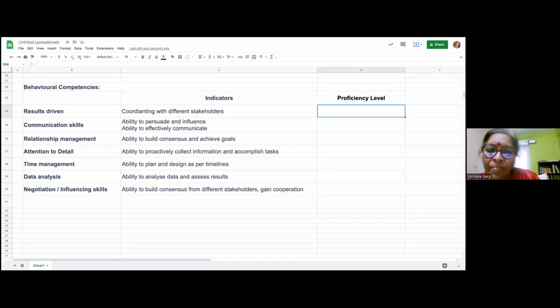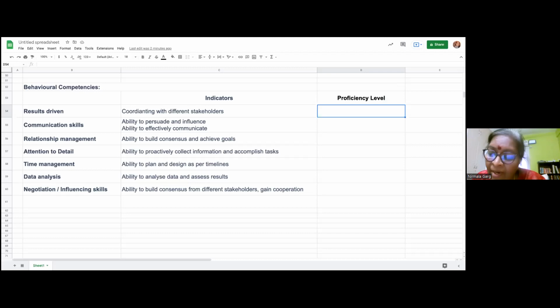The behavior indicator is the ability to build consensus from different stakeholders, gain cooperation, etc. Now, having said that, how do I actually assess or select? So as you rightly stated, I have to have a benchmark who does very well, a differentiator, and I have to have somebody who does just an average.